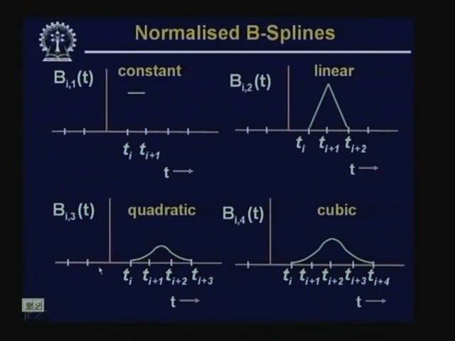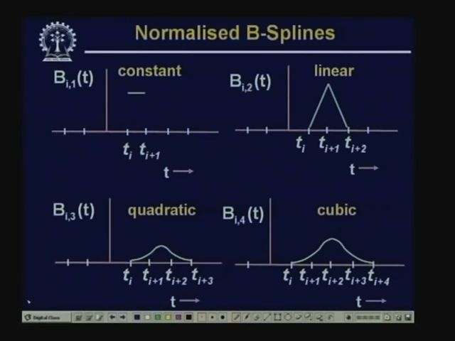So, you find that b I 1 t will be equal to constant between I equal to 1 to 2, and it will be equal to 1. So, this first figure in this particular case tells you what is the nature of this b I 1.